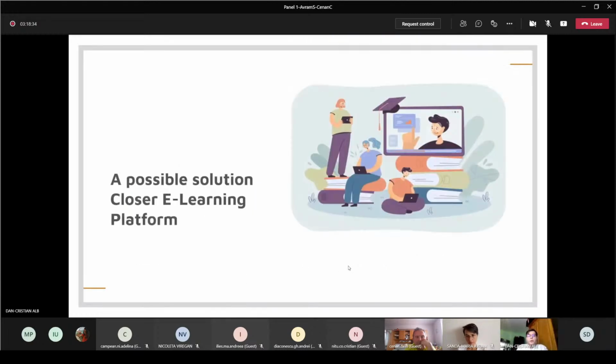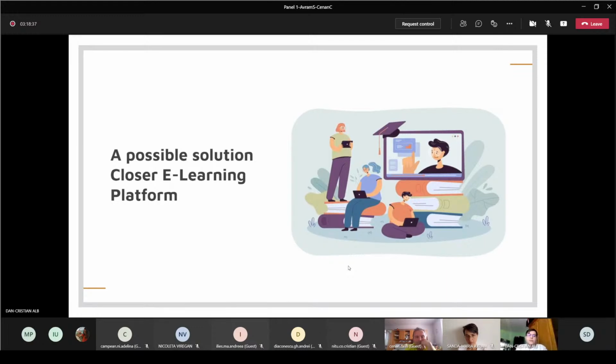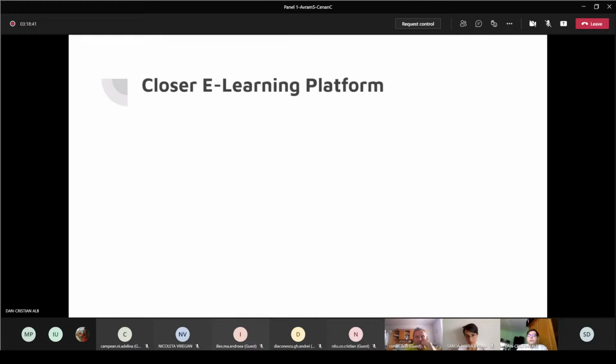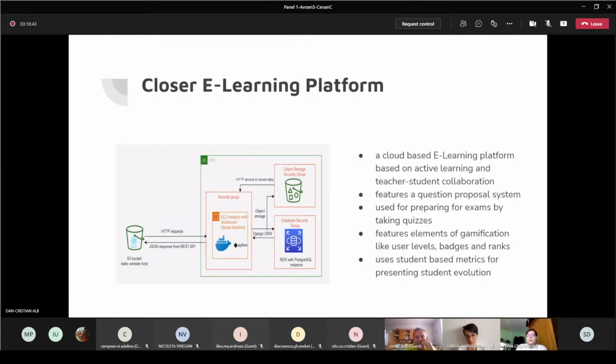Moving further, we will present the solution that we've implemented, namely the Closer e-learning platform. Closer is a cloud-based e-learning platform based on active learning methods and teacher-student collaboration. It features a question proposal system used for collaboration between the teacher and student.